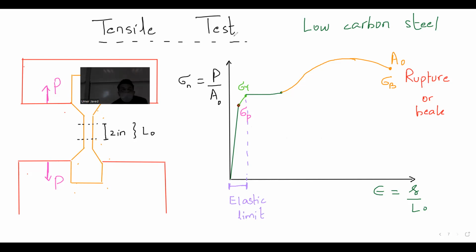And this is my yield. This is our strain hardening, from here all the way up to here, because if you remove the load, it will not follow the same path.